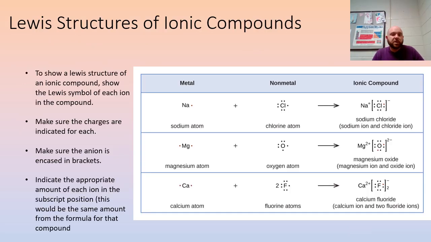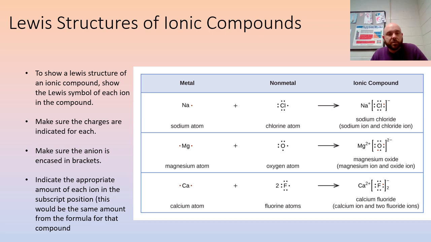On this slide, we show how to put these ion symbols together in order to indicate how a compound is formed between the 2 ions. To show a complete Lewis structure for an ionic compound, we show the Lewis symbol of each ion in the compound.